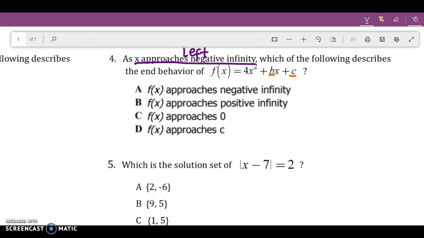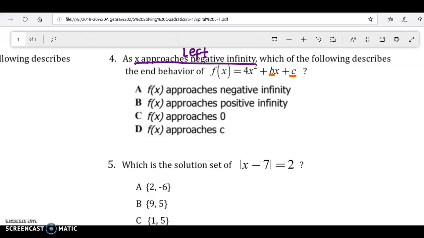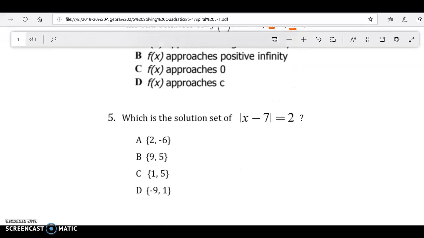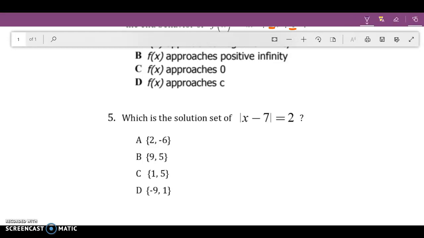Okay? Question number 5, the final spiral question, is asking you for the solution set of an absolute value equation. Remember that you can just put the left side in y1 and the right side in y2. Okay? You also need to remember that a solution to a one variable equation like this is just the x value of your intersections.